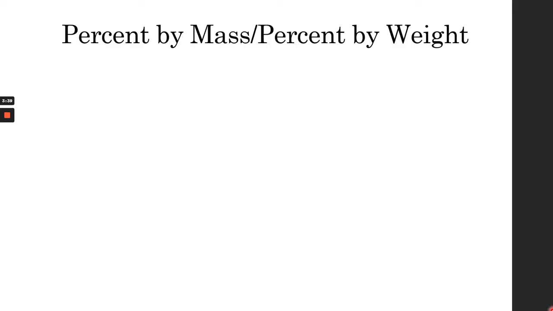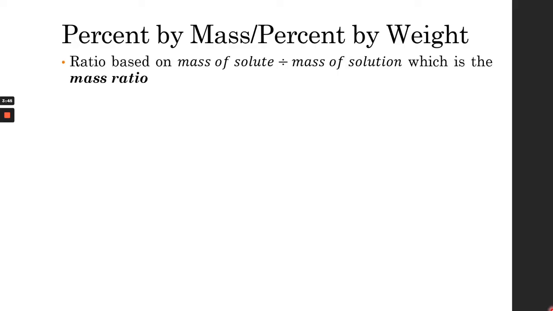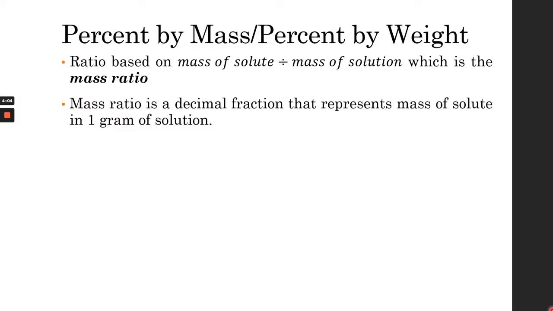Now let's talk about percent by mass or percent by weight. So what is percent by mass? Percent by mass is the ratio of mass of solute divided by the mass of solution. So when we talk about percent by mass, we are talking about the mass of solute and the mass of solution, and we usually write them in terms of grams.